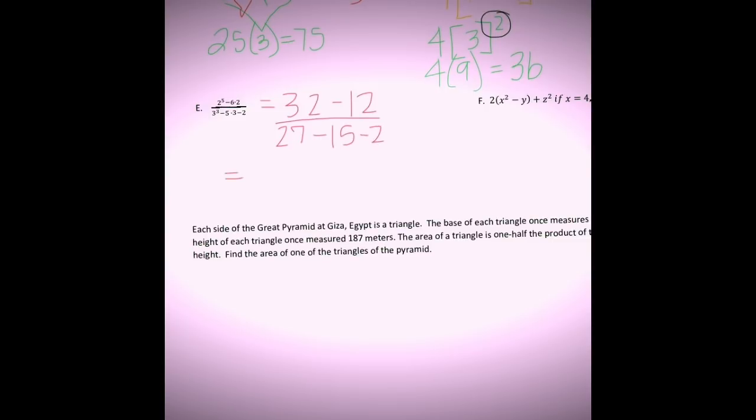So let's look at this again. 32 minus 12 is 20, over 27 minus 15 is 12, minus 2 is 10, 20 divided by 10 is 2. So 2 is my final answer.